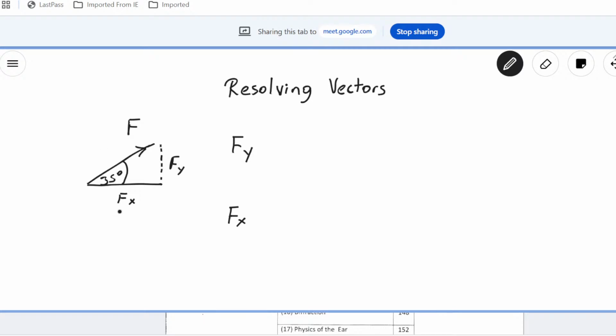We don't have any values to resolve, so what would you have to do if we are given a value for F? For the y direction, I have 35 sine F. Just easy. 35 sine F.